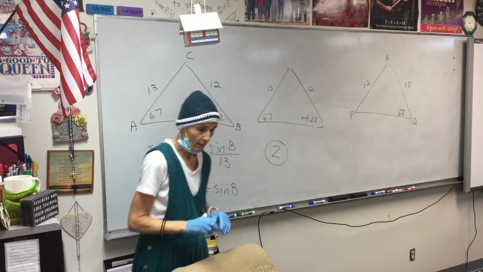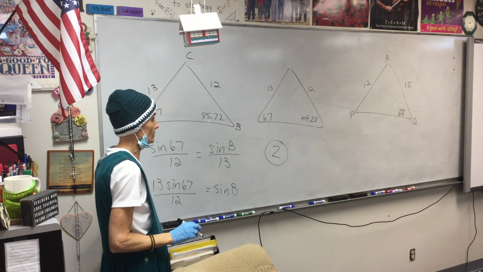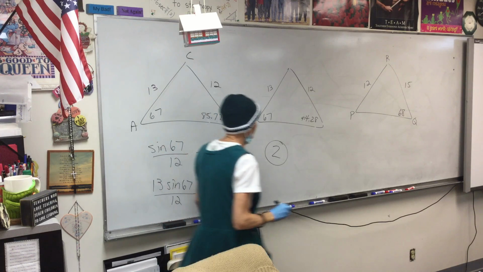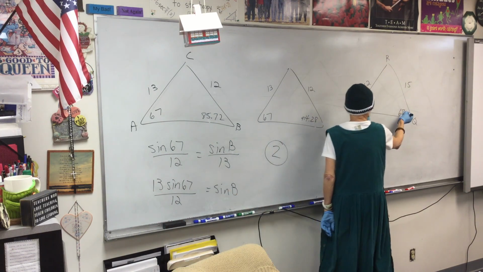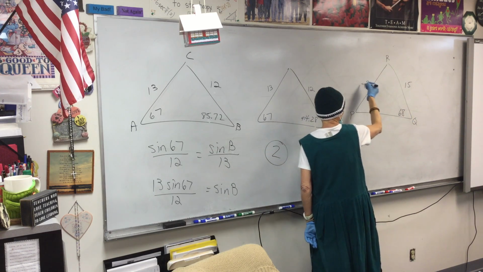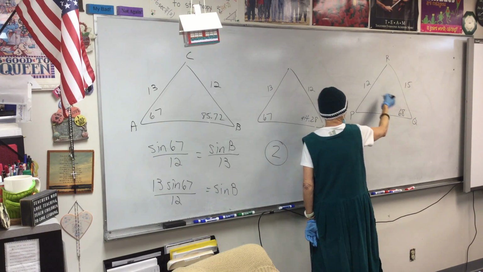See if you can figure out how many triangles are possible. You see this and you think law of sines. You've got that pair that's set. So you're thinking law of sines.